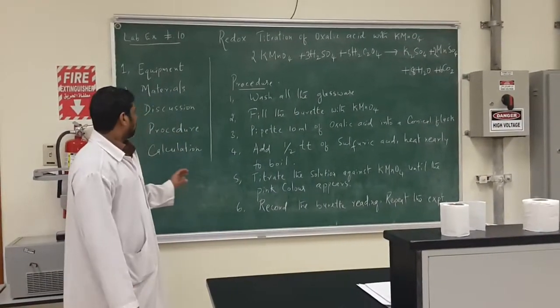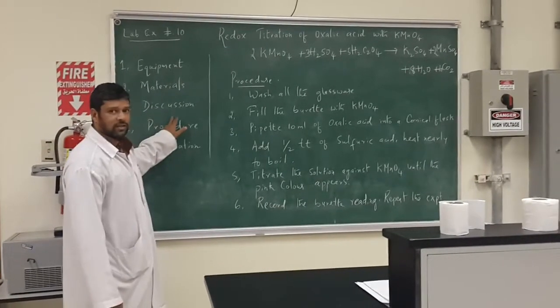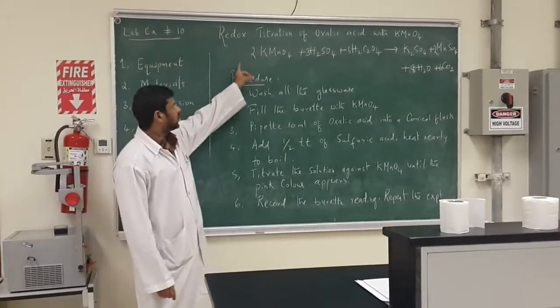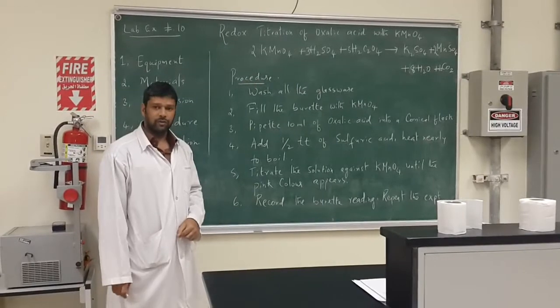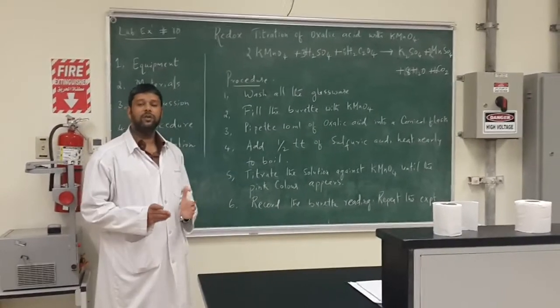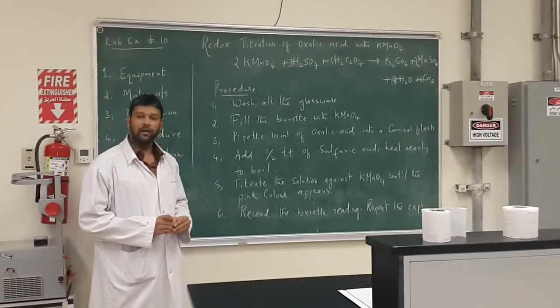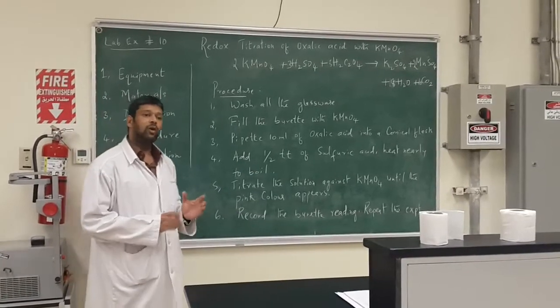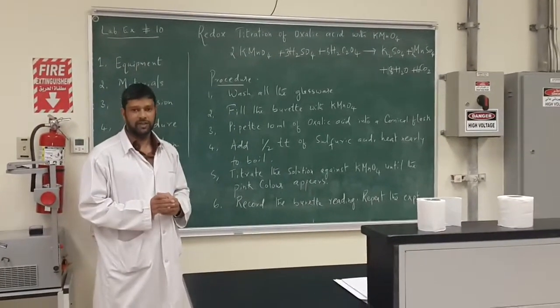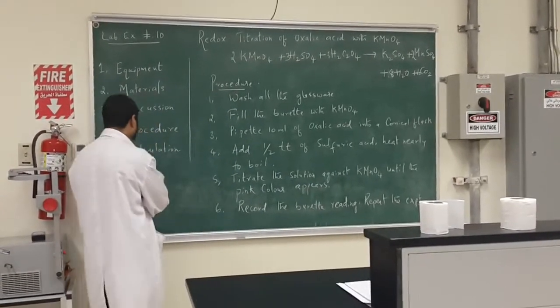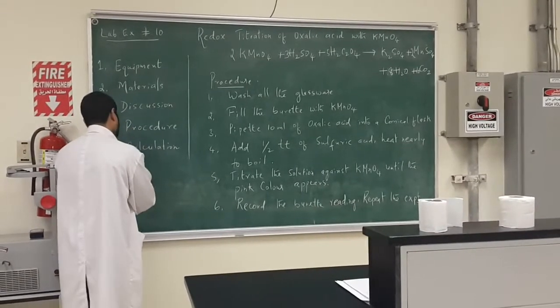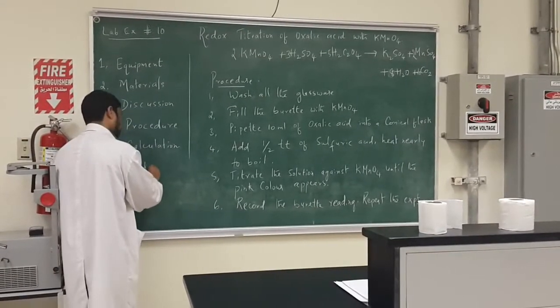Now, as far as the discussion is concerned, this redox titration plays a very important role. First we need to understand what a redox is. Redox means both oxidation and reduction reactions take place.